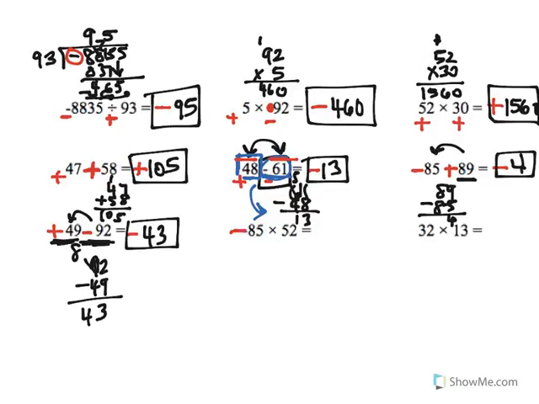Here I have a negative times a positive. My answer will be negative. Ignore the sign and multiply.